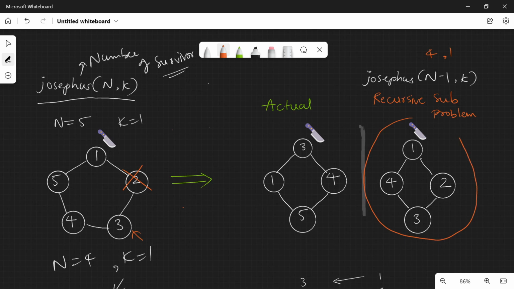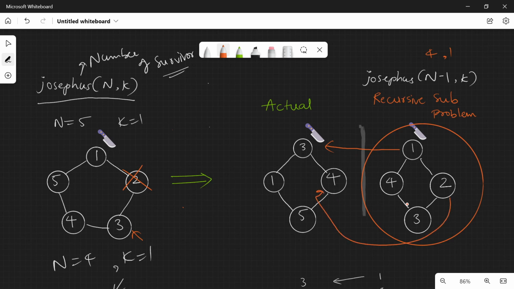All right. If we solve for this problem, here 1 is mapping to 3 and 2 is mapping to 4, 3 is getting mapped to 5 and 4 is mapped to 1. If we solve for Josephus of 4, 1 and convert those nodes back into our actual answer, we will get the actual result.